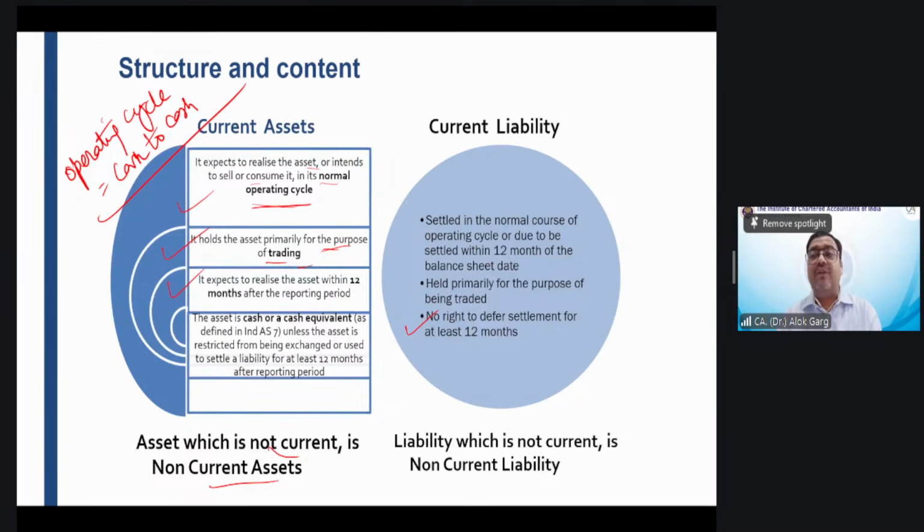So the deposit pertaining to that 5% they will show as a current liability, in other financial liabilities. The remaining 95% of deposits they will show as a non-current liability, because they are not settled in the normal course of the operating cycle, or not estimated to be paid within 1 year.